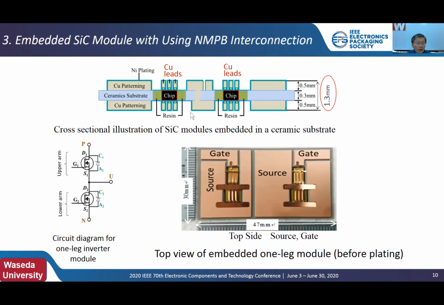Two pairs of SiC MOSFET and SBD were embedded in device holes formed in the ceramic substrate, having 0.5 millimeter thick copper patterning plate bonded to both sides of the ceramic plate. The lower figure shows a top view of chips and copper leads set and fixed in device holes over the ceramic substrate for the NMPB process.